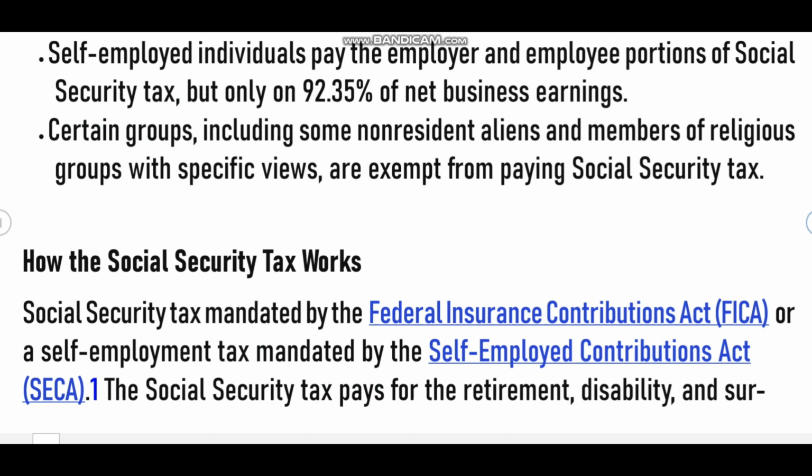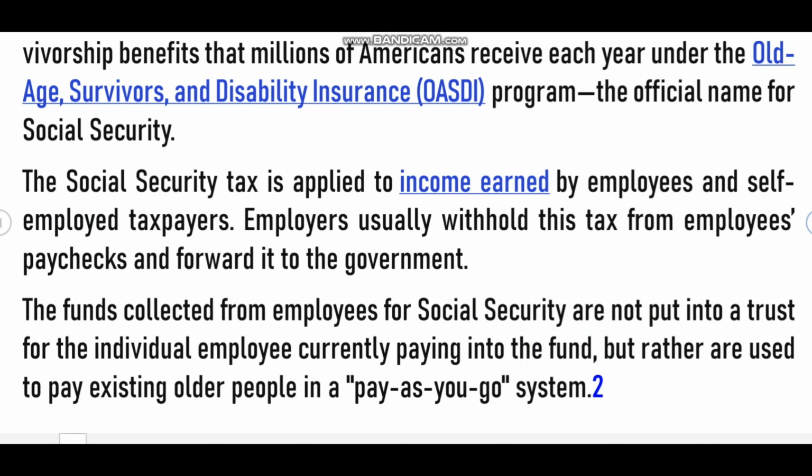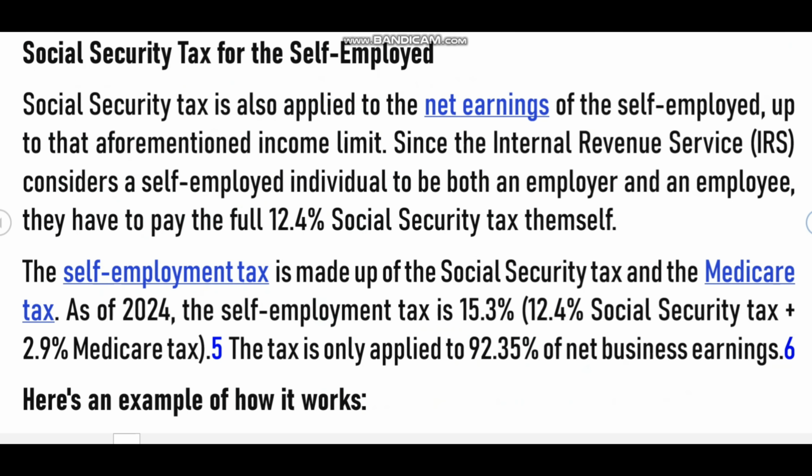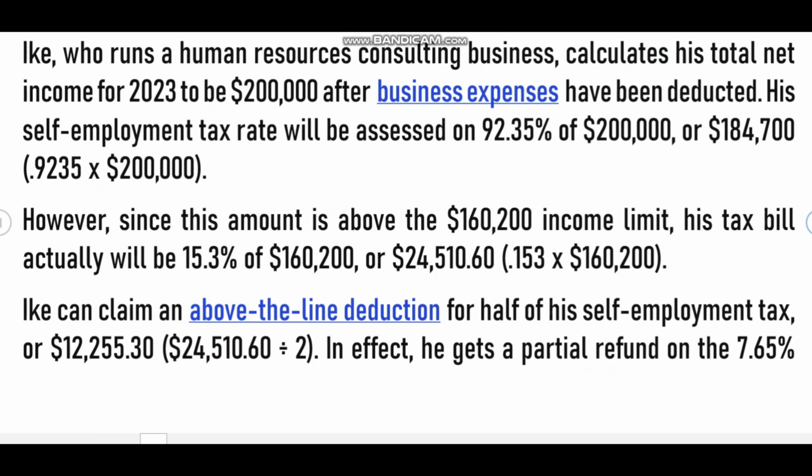So now we will discuss in detail about the SST, that is, Social Security tax, why it is used and how it is calculated. Social Security tax is the tax levied on employers and employees to fund the Social Security program in the US.